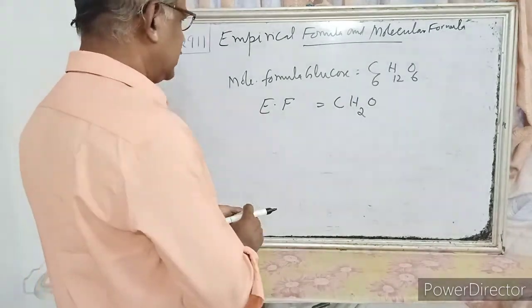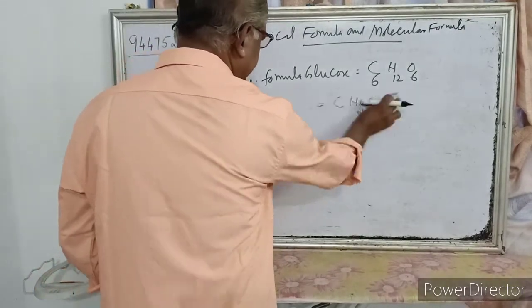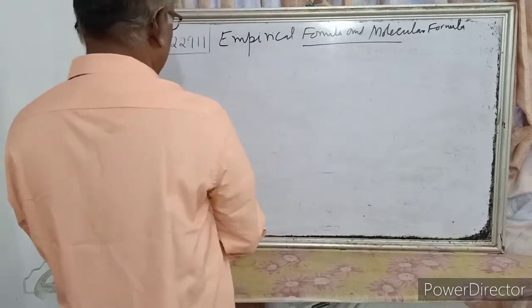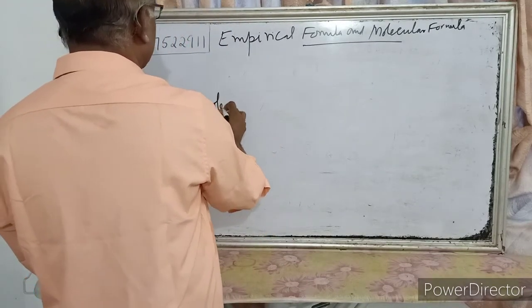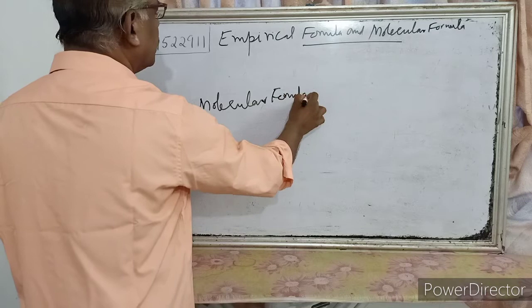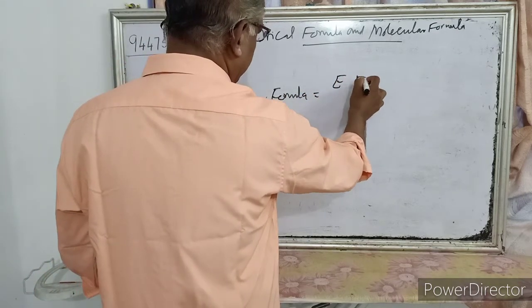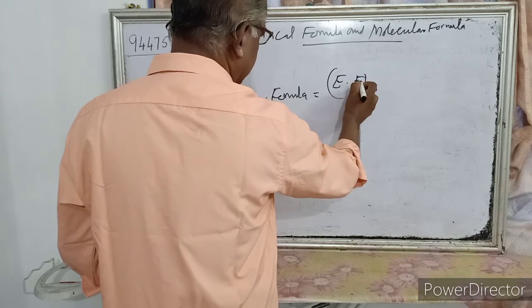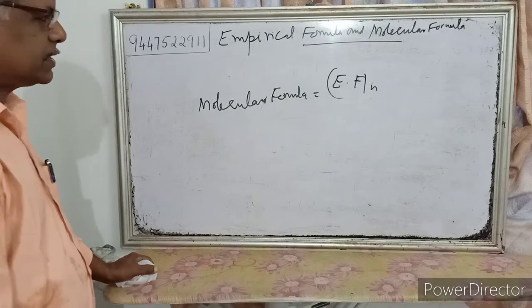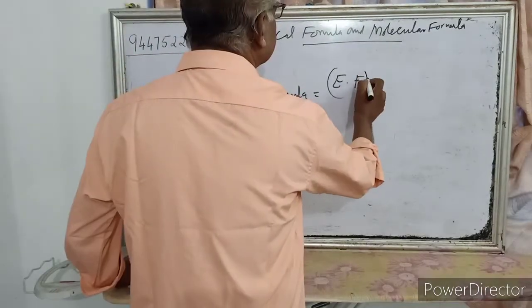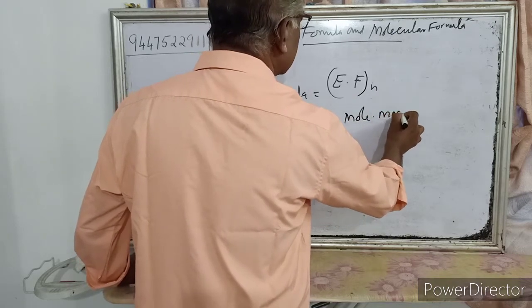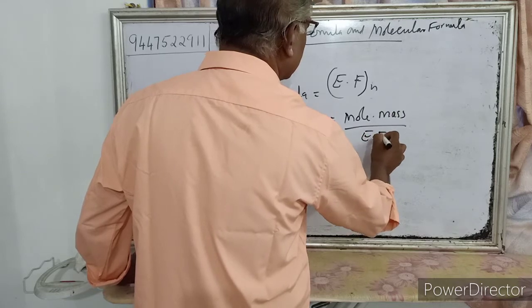And the method for calculation of the molecular formula is: molecular formula is equal to empirical formula n times, where n is equal to molecular mass divided by empirical formula mass.